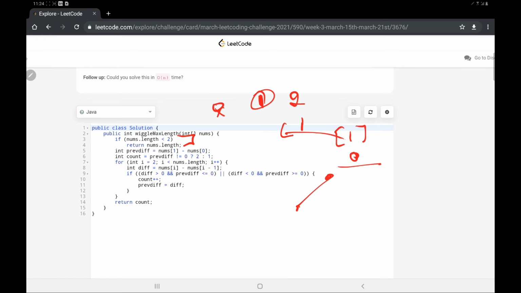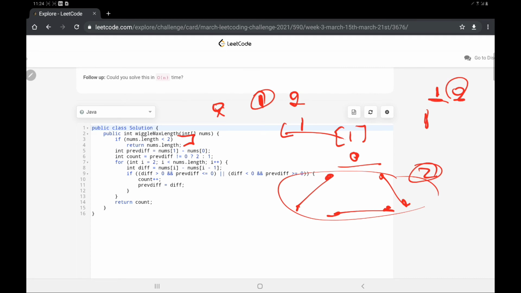And if there are two numbers, it can be either increasing or decreasing, so it doesn't really matter because the count will be the length only. So if the length is less than 2, it would be either 1 or 0. For 1 we return 1, and 0 is not the case. It could also be double equal to 1, so it doesn't even matter.